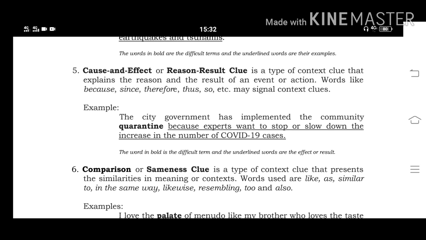Ay, wait lang. Mali. Okay, quarantine is the effect. Why is there a quarantine? Okay, ano ang cause? Paano malalaman siya? May salitang because. Experts want to stop or slow down the increase in the number of COVID-19 cases. Okay.